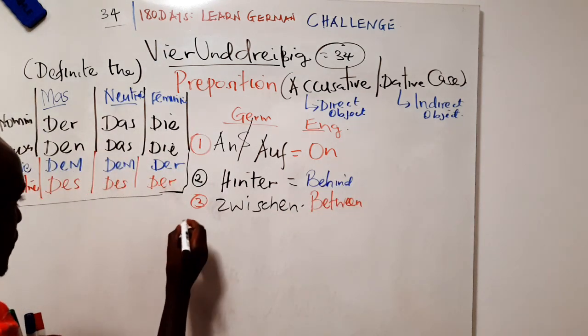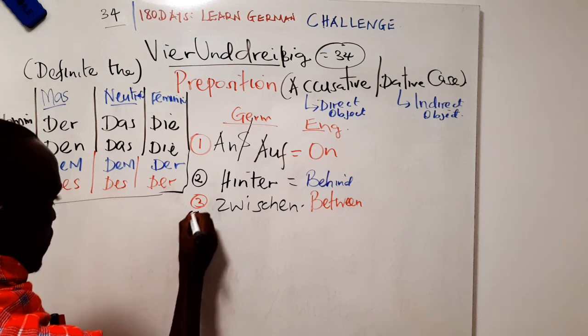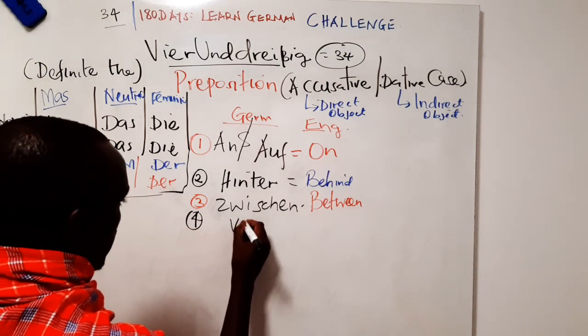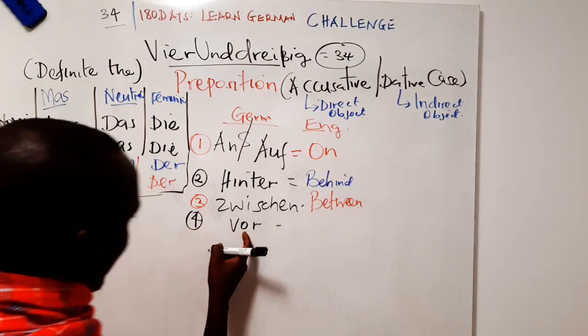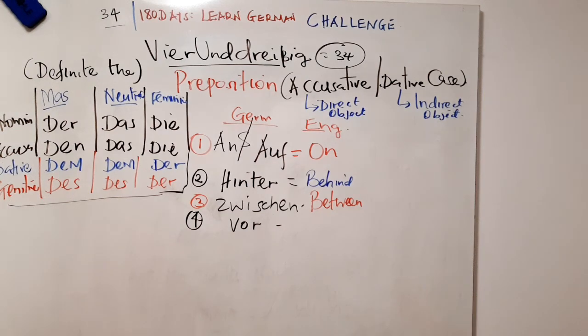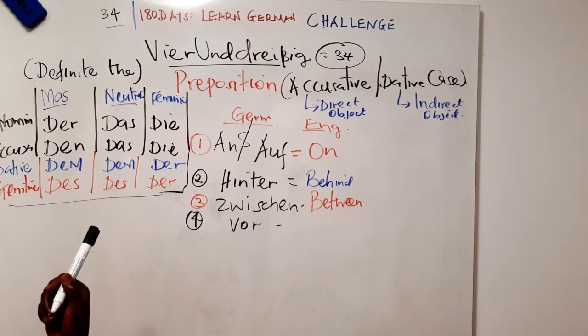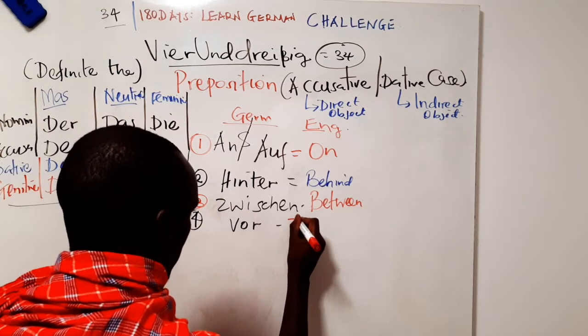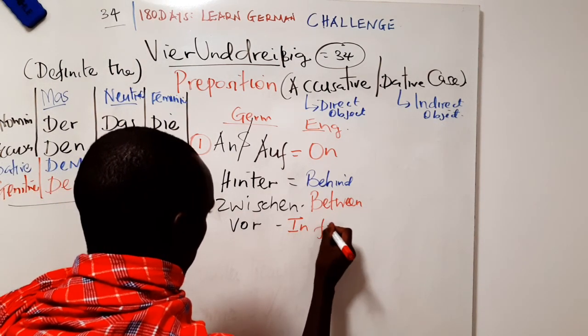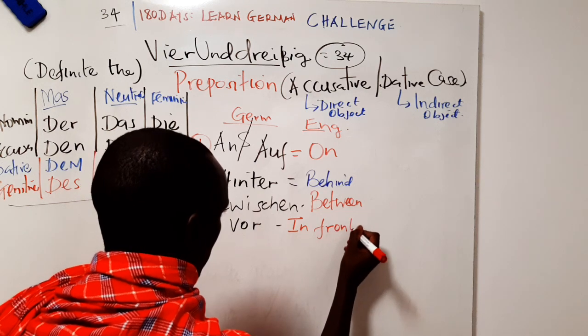Number 4, vor. This vor is more or less similar to the für which we saw when we were discussing the accusative, so don't confuse this one. Vor means in front.